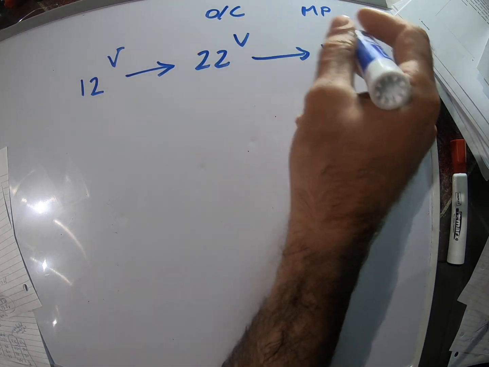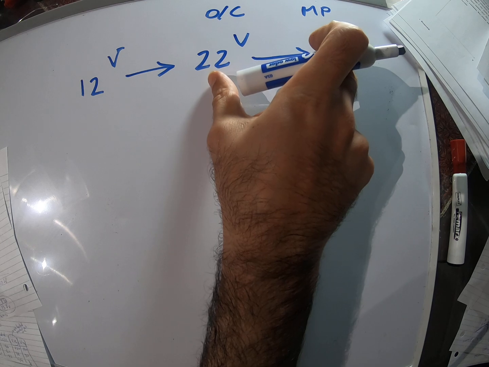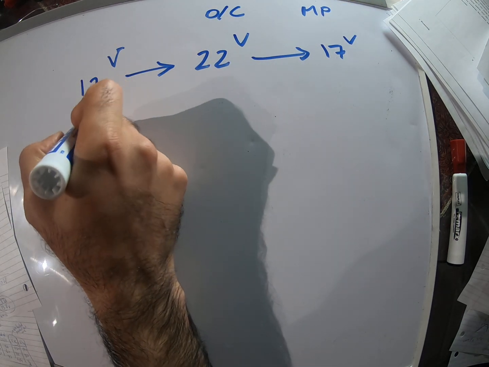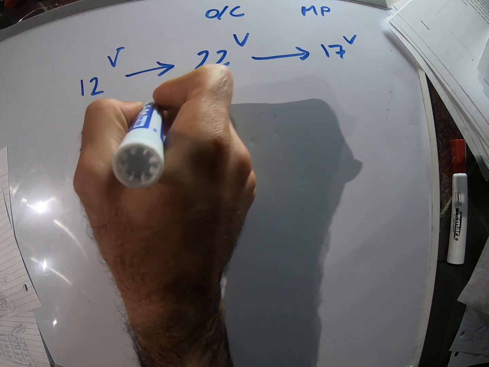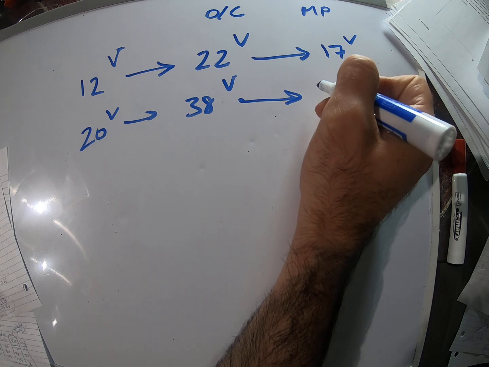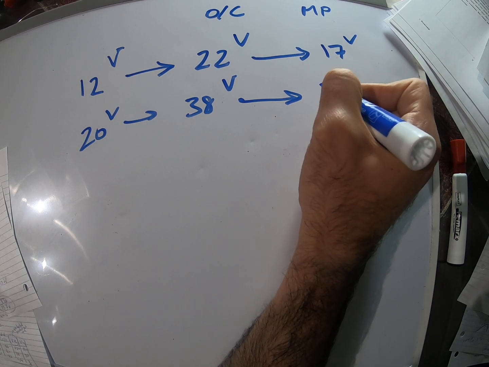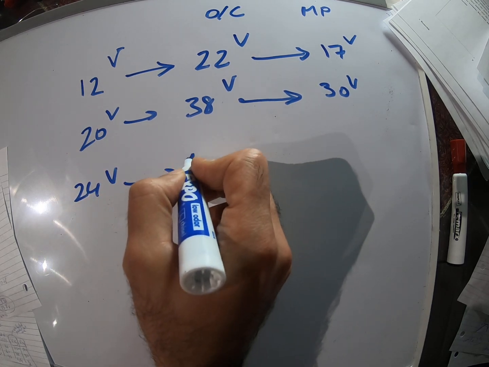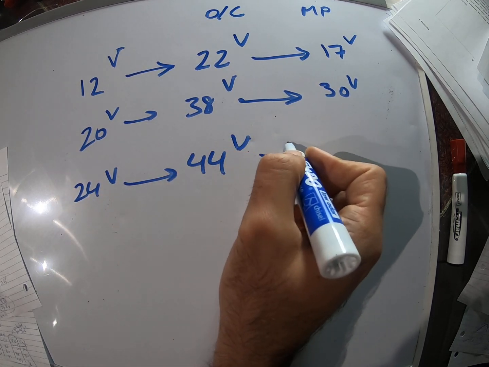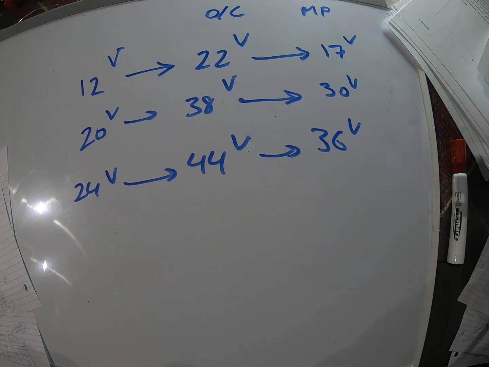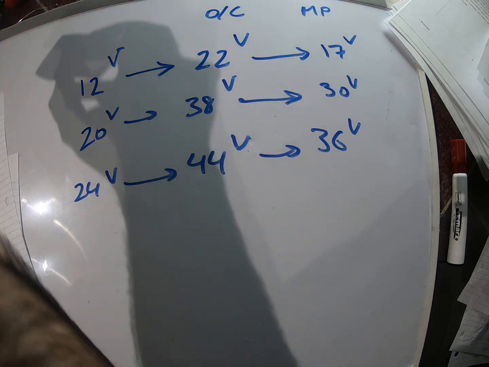So you remember, this ratio between MP and OC is almost between 70 to 80%. If it's a 20-volt one, it can be, for example, 38 volts open circuit, and this can be 30 volts, 24 volts, 44 volts, and 36 volts, right? So I just wanted to give you a glimpse of what these values would look like.